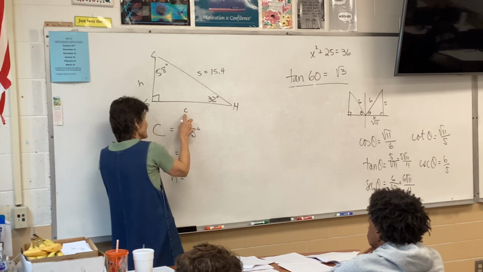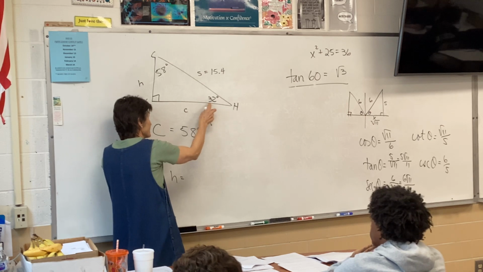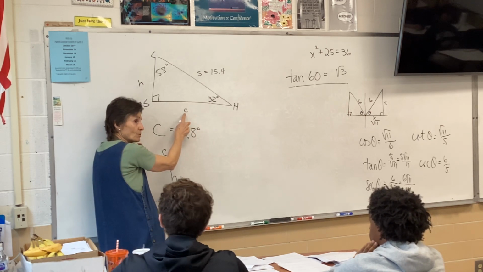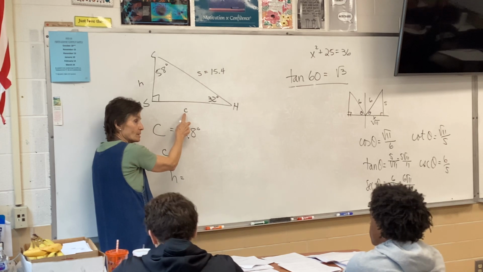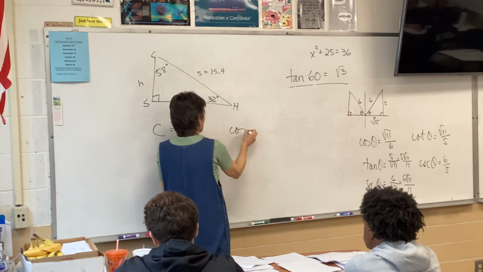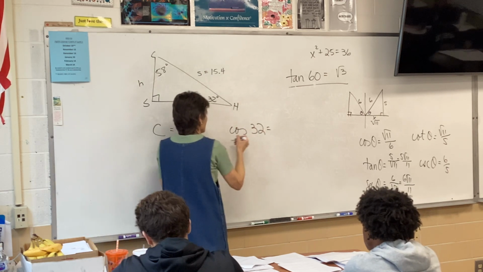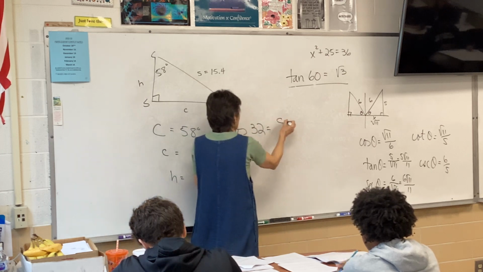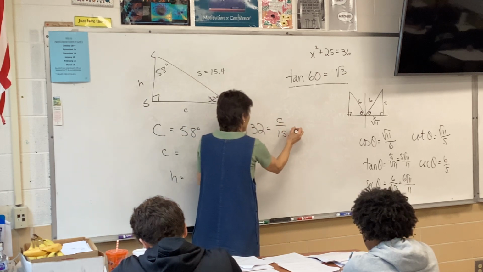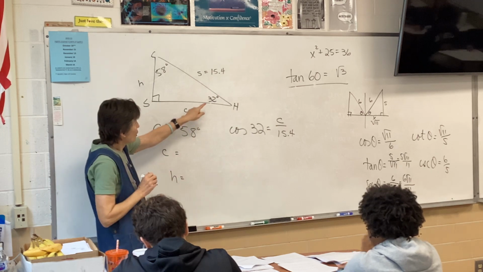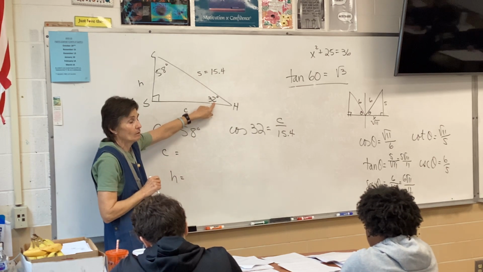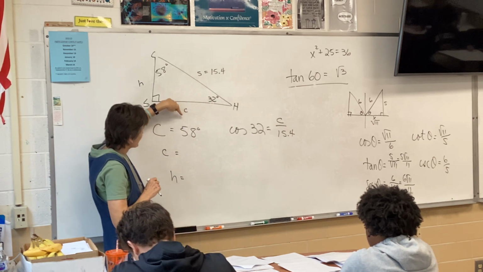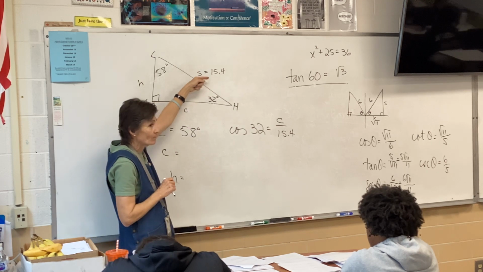If I want side c, isn't this the adjacent side for 32? Yep. So cosine 32 equals c over 15.4. The cosine of the angle equals the adjacent side over the hypotenuse.